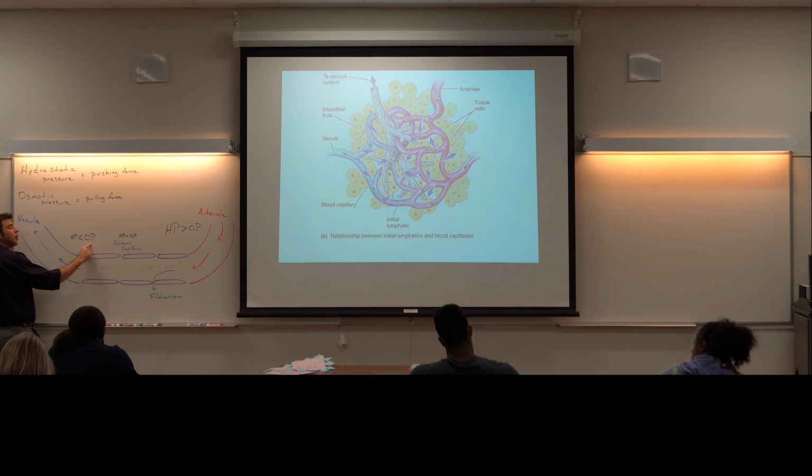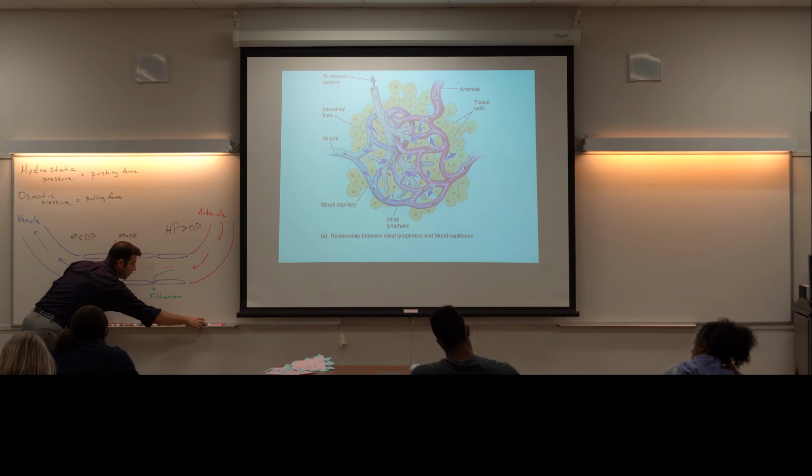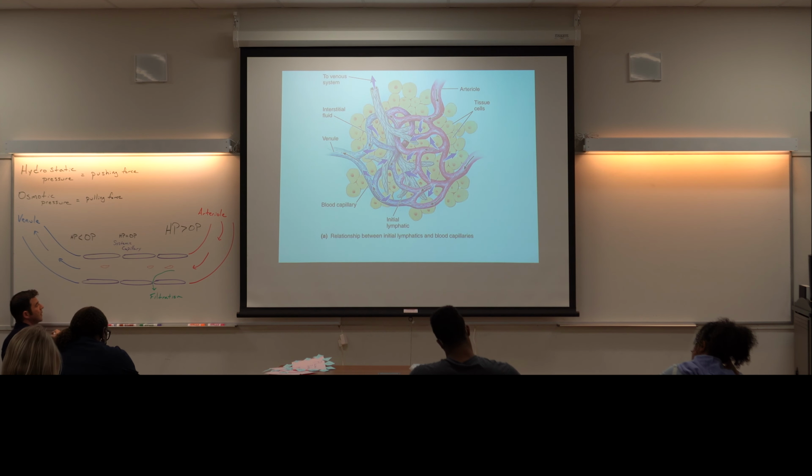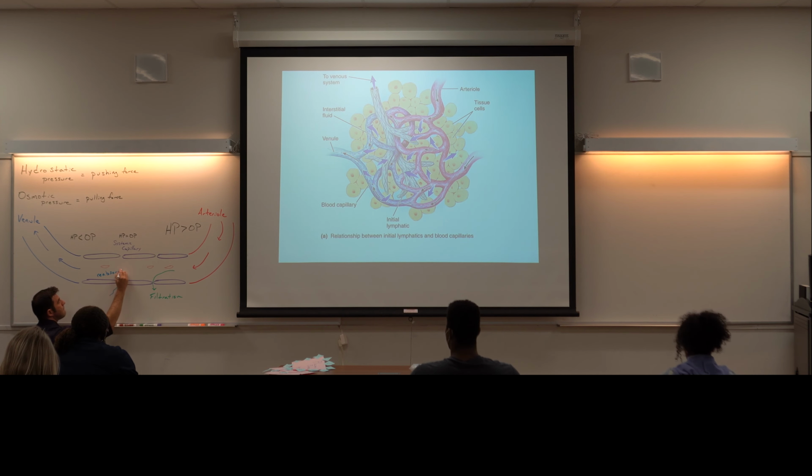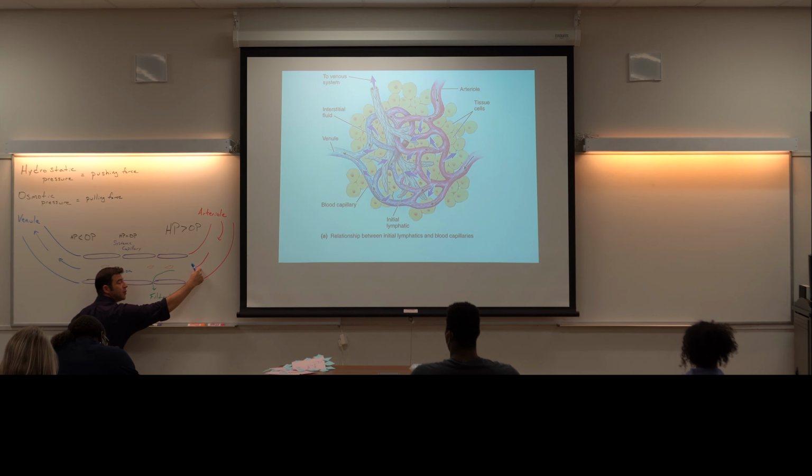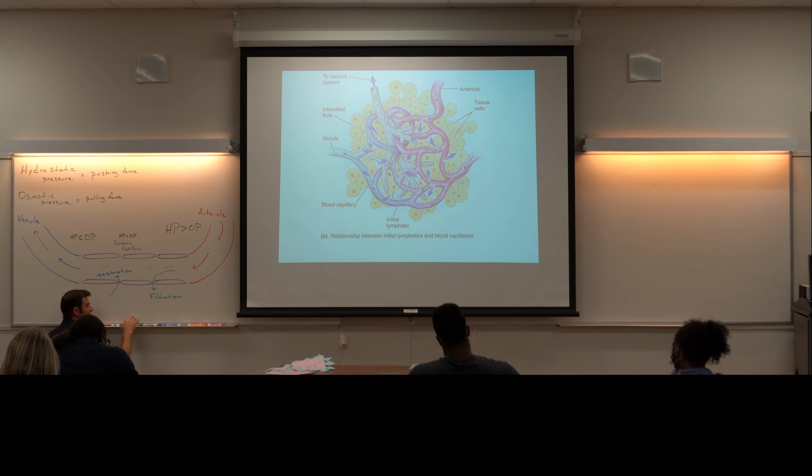If osmotic pressure is winning this battle, which it does towards the venule end, we're going to see things moving into the blood vessels. This is what we're going to call reabsorption. Reabsorption, because it was already in the bloodstream, it just left the capillary temporarily and was hanging out in the stuff that we called the interstitial fluid.